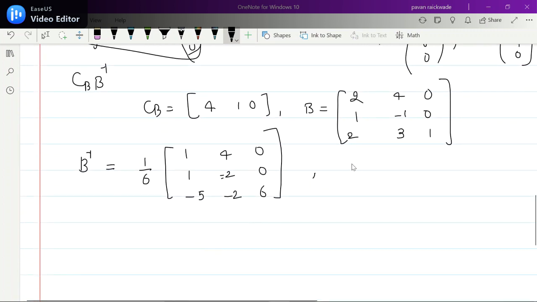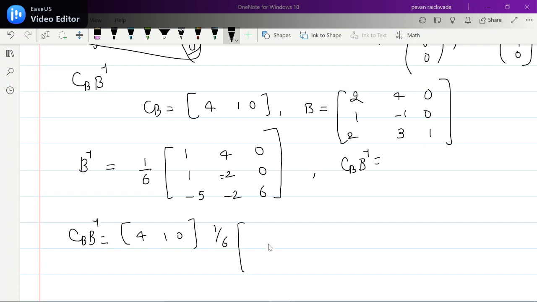Now we have to find Z4 and Z5, and for that purpose we compute CB B inverse. This will be easy. CB B inverse is simply 4 1 0 times 1 by 6 into the B inverse matrix, which will be 1 by 6 times 5 14 0. You can do this calculation.